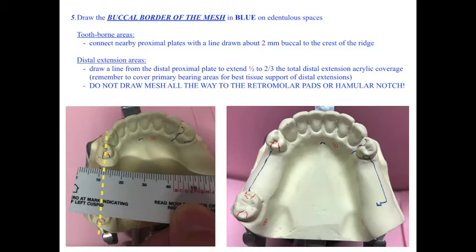On the right side is a distal extension. On the buccal part, it is still 2 mm buccal to the crest of the ridge. And this one tells you to extend it half to 2/3 of the total distal extension area. If you are able to see the ascending ramus, then you should stop before the ascending ramus. But in this case, you are not able to see that, so you use this way.